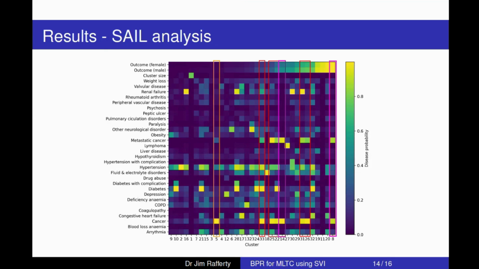That one potentially represents less aggressive metastatic cancers that have more treatment options available. So potentially things like prostate cancer these days, which is often treated as a chronic disease rather than an acute one.